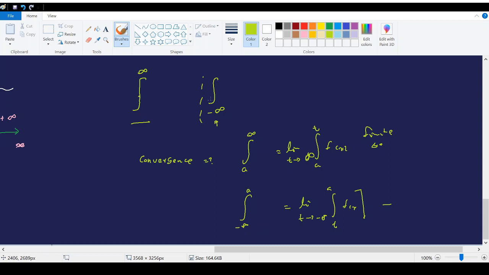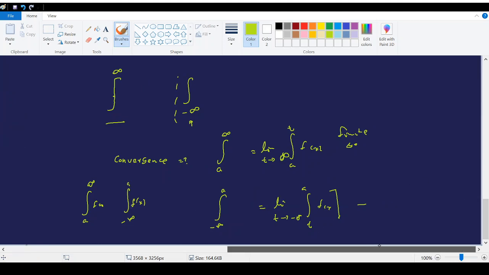And if both these integrals are convergent with the common finite point, that means this one and this one, then we can derive our equation for the infinite region starting from negative infinity and going up to positive infinity.